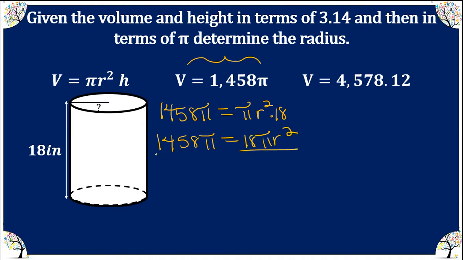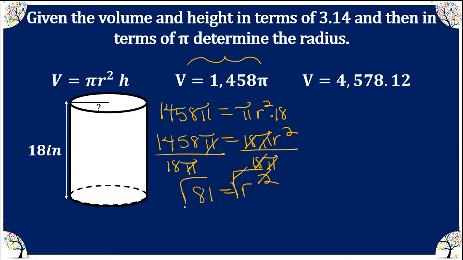I'm going to divide each side by 18 pi to isolate r squared. 1,458 divided by 18 gives us 81 equals r squared. Now we have to undo the squaring. We take the square root of both sides, and our radius is 9.